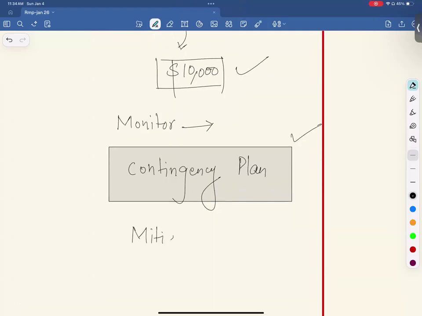So there is a difference between a mitigation plan and a contingency plan. Who would like to answer? What's the difference between these two, mitigation and contingency? This is an important question for your exam.